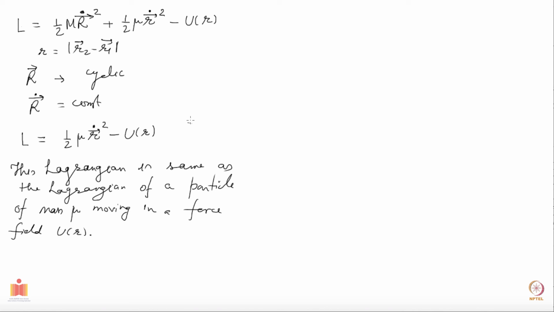I would like to ask whether there is still something I can do about the coordinates. Can I choose a nice coordinate? And you can see why I might be thinking about this, because you have here only the magnitude of that vector r. So I can do more. This is what we will look at next.